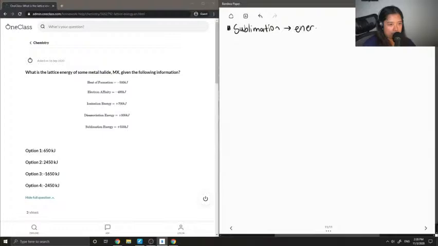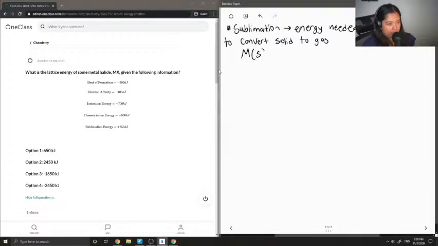It's the energy needed to convert solid to gas. So I remember it as they both start with S, like solid and sublimation. And in our case, it's when we have our pure metal solid and we are converting it to a gas.